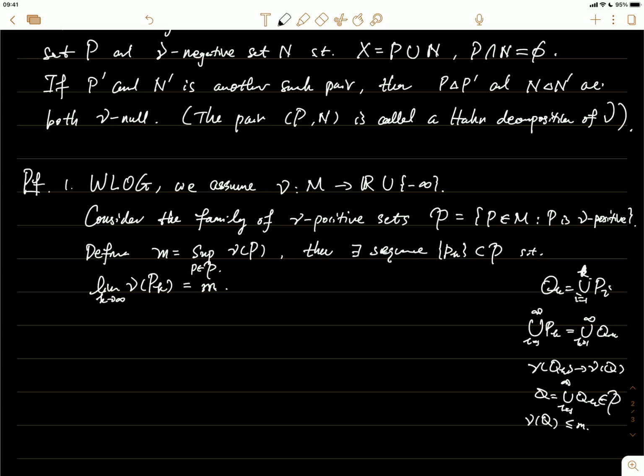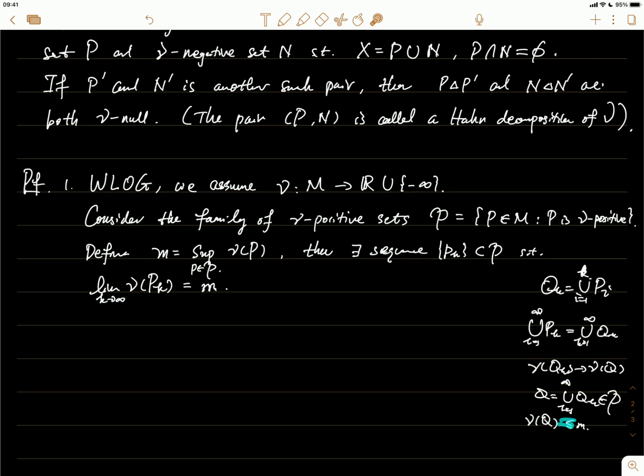On the other hand, this signed measure goes to this, which is actually just the limit of the union of Pk's, and they go to M. That's why this measure must go to M as well.